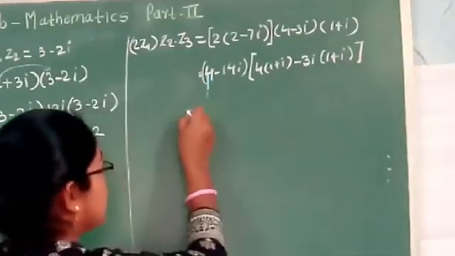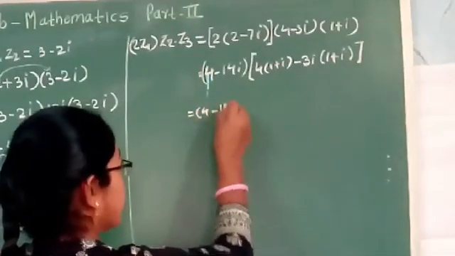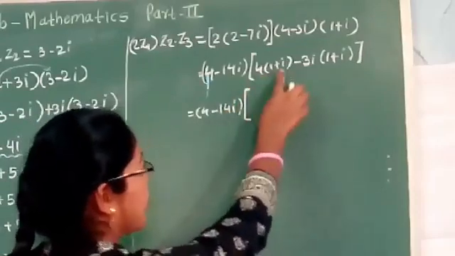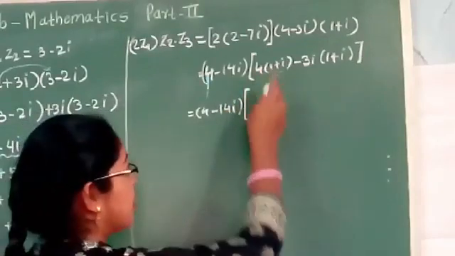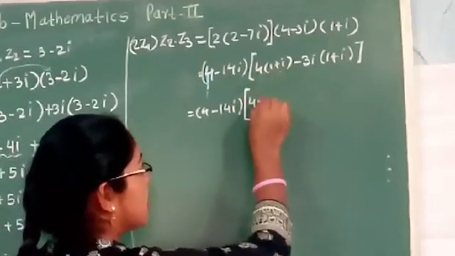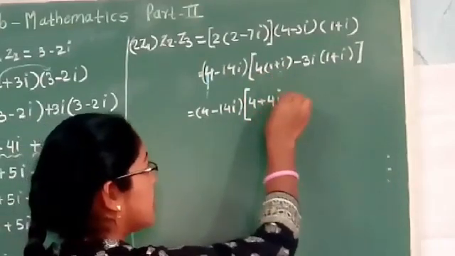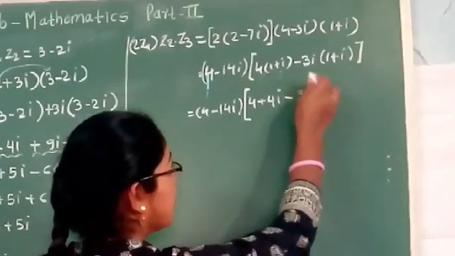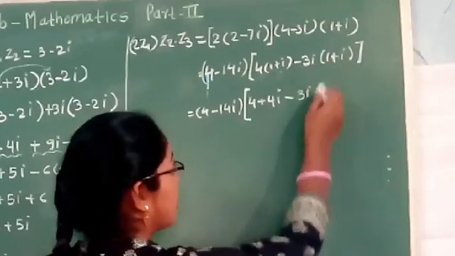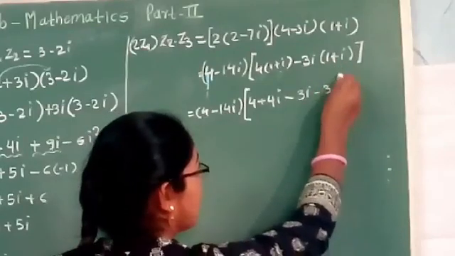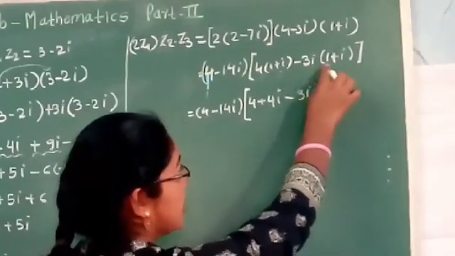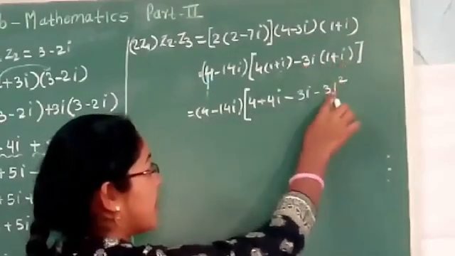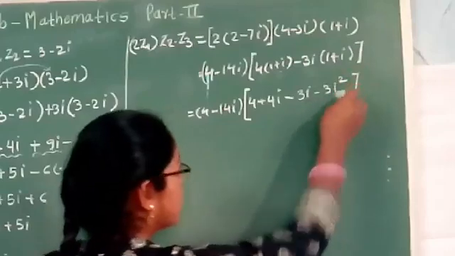So this is 4 minus 14i, and in the bracket, 4 into 1 is 4, 4 into i is 4i, minus 3i into 1 is minus 3i, and minus 3i into i is minus 3i square.